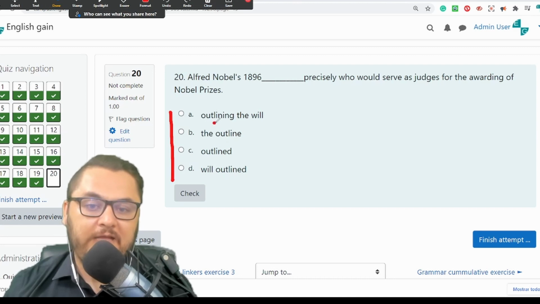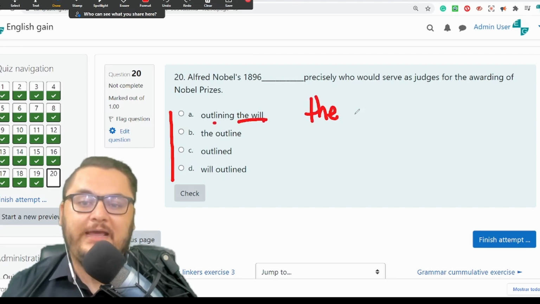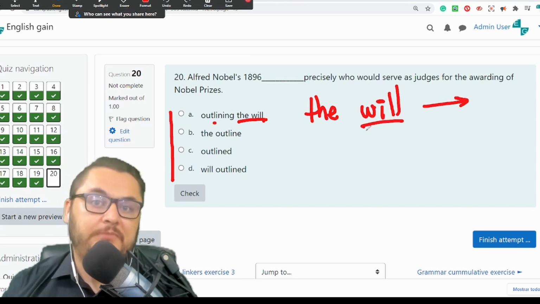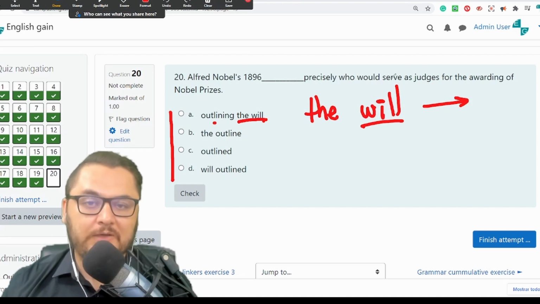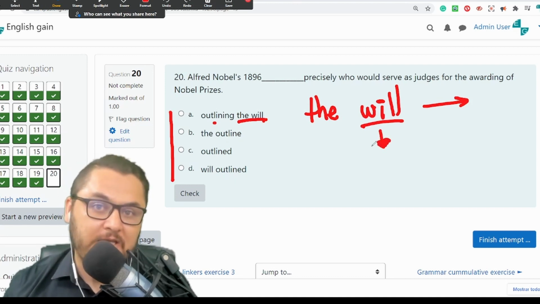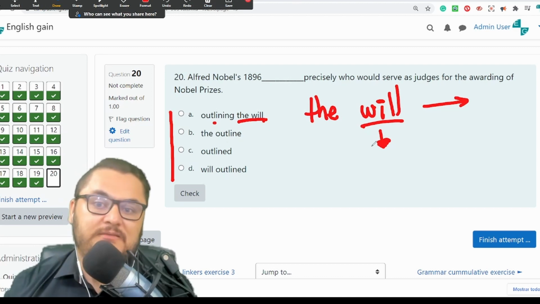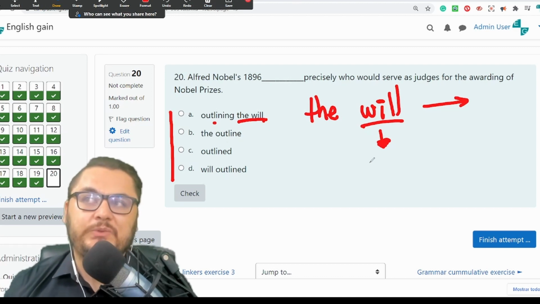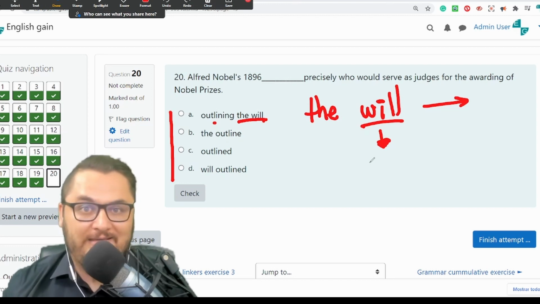Now, outlining the will. The will, I just want you to know about that. This is used for future. Maybe you know the future tenses with will and be going to. But this one particularly, this is what you give to other people after you die.